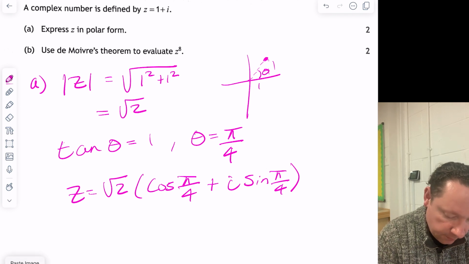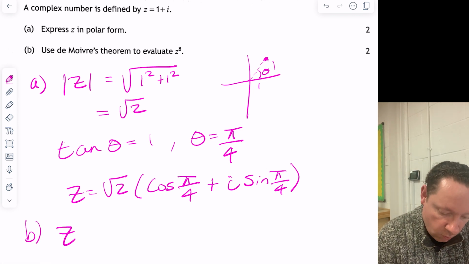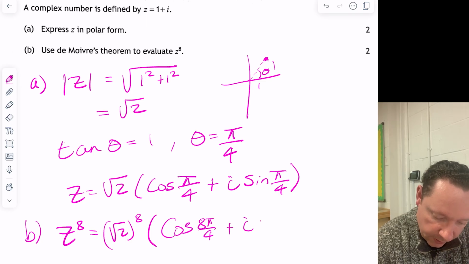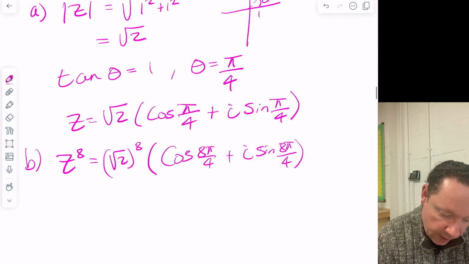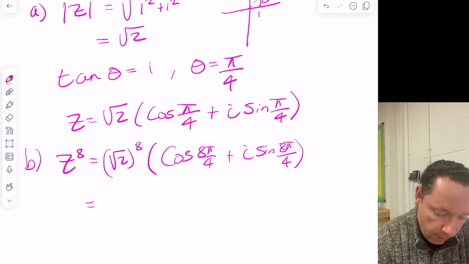Part B says, use de Moivre's theorem to do z to the 8 and evaluate it, so work it out. So z to the 8 is root 2 to the power of 8, cos 8 pi over 4, plus i sine 8 pi over 4. Simplifying that out, well, root 2 to the power of 8, well, root 2 times root 2 is 2.